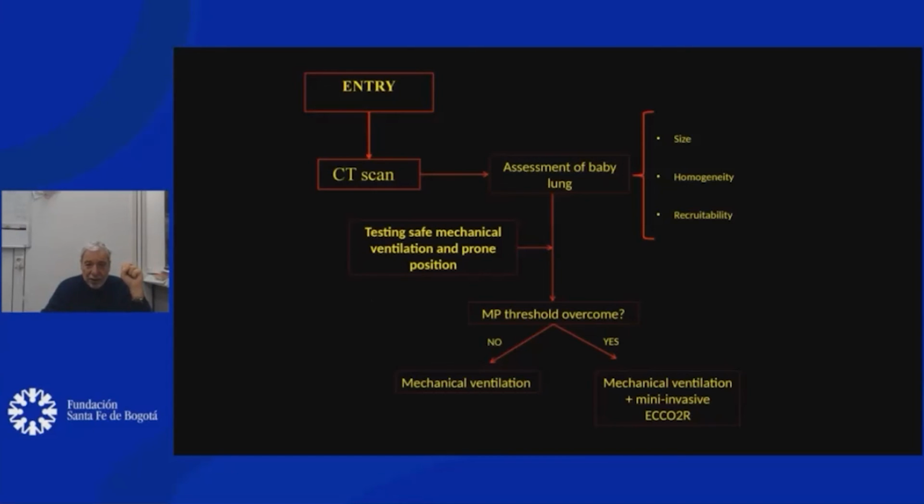Is the mechanical power threshold overcome, yes or no? If I cannot decrease the mechanical power below a given threshold, I have to use some extracorporeal support. This is a little bit the way we are going. I thank you for the attention.